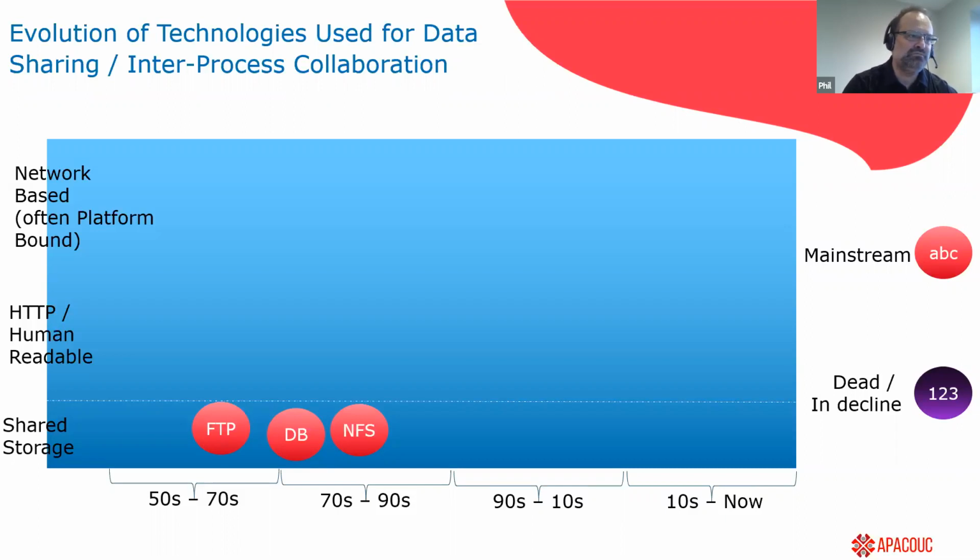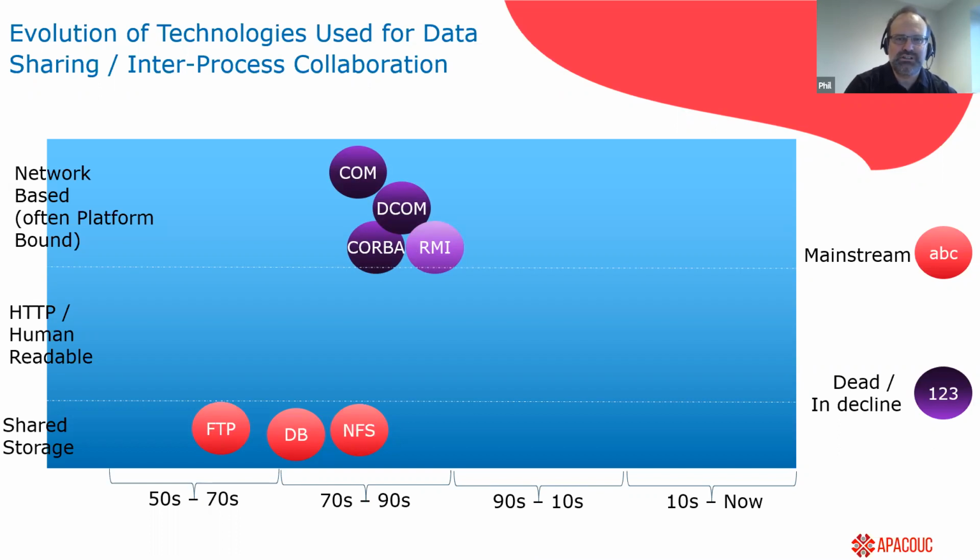Then as things moved on, we went into network file shares, again back towards files and the simplicity that provides, the human readability, and being very flexible. And then we suddenly jumped into the world of network-based integration technologies and APIs.